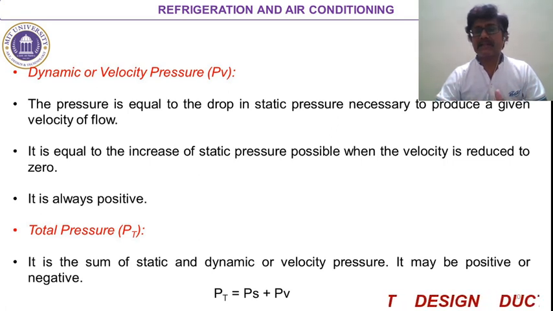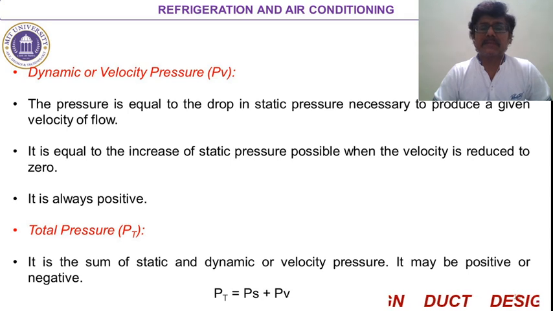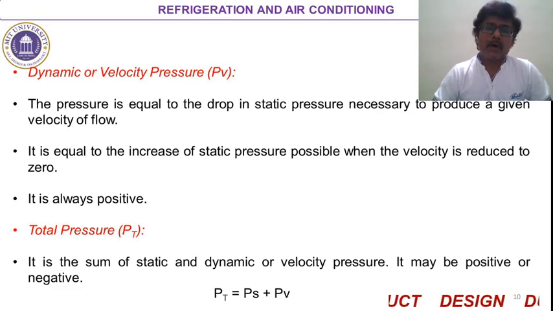Unless and until there is a drop in the static pressure, it is not possible for the air to accelerate through the duct. So this pressure is the velocity pressure. It is equal to the increase of the static pressure when the velocity is reduced to zero. And this pressure would always be positive. It will never be negative.